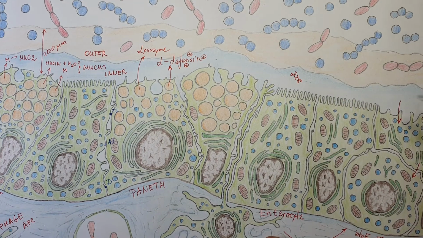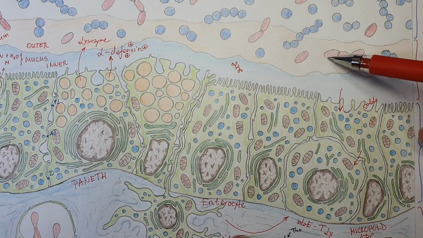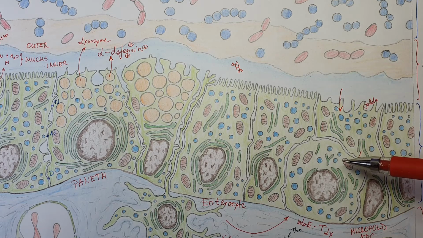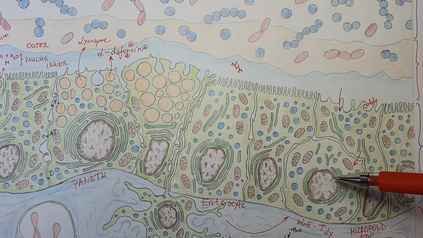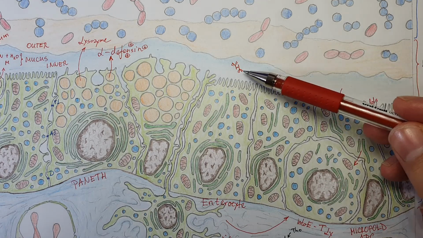So, for example, our M cell has found an antigen from this bacteria. It has alerted our immune response to this antigen, and the immune response has delegated to producing these antibodies.